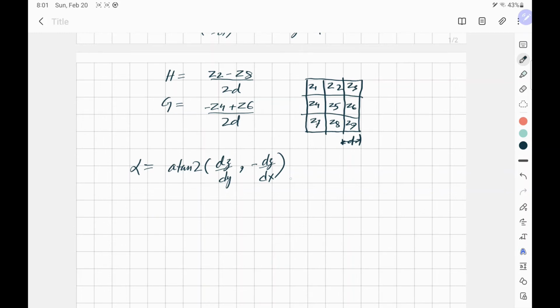But there are further conditions, and this atan2 should be multiplied with 180 divided by pi, which is 57.29578, to convert the resulting answer from radian into degrees.